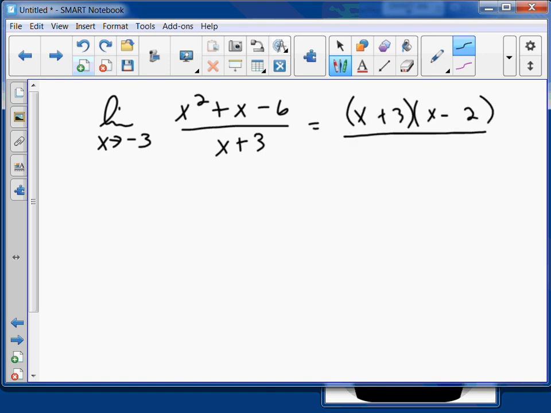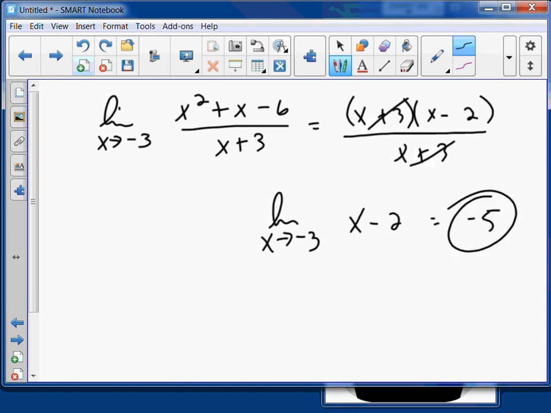I was hoping to get an x plus 3 on top, but sometimes it just doesn't happen, and then you have to do something else, like another formula we can use later on called L'Hopital's rule. We'll get into that, not right now. All of these should work out pretty nicely. So the x plus 3's cancel. Now we have the limit as x approaches -3 of x minus 2, and that's equal to -5.